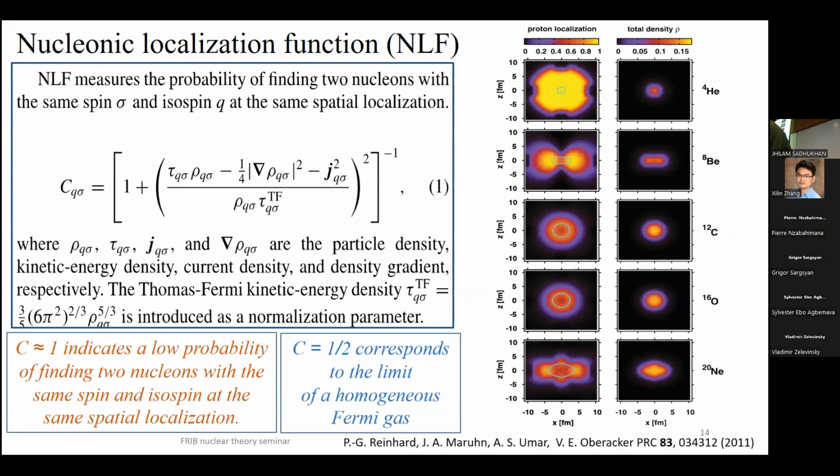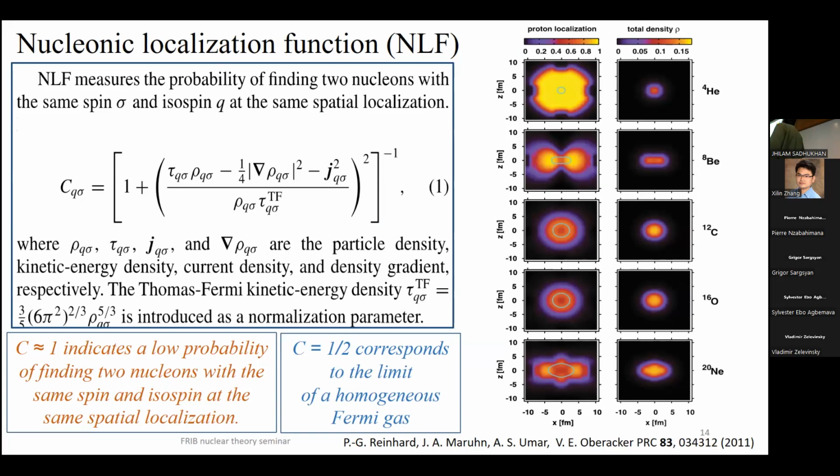If we get C equal to 1, that means this part vanishes, so there is only one nucleon with the particular type of spin and isospin. This happens in the case of helium, where we have only a single particle with a particular spin. On the other hand, C is close to half for a unit of homogeneous Fermi gas. So the value of C between half and 1 determines how the nucleons are distributed.